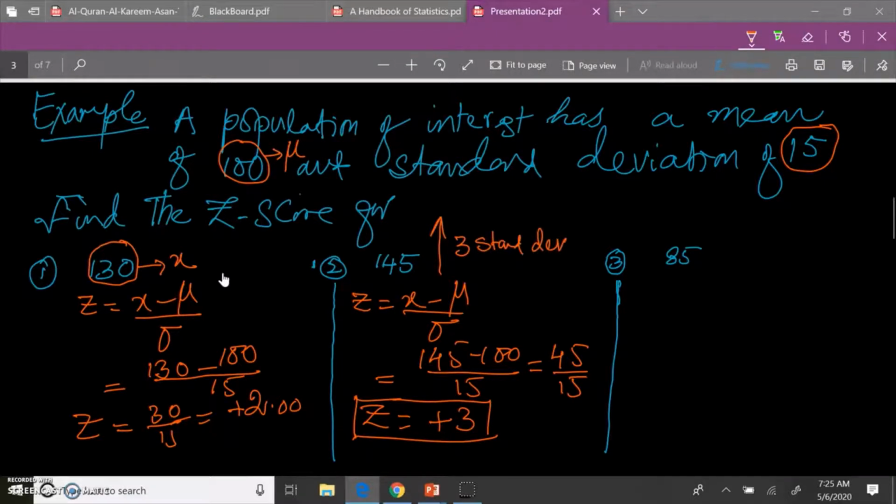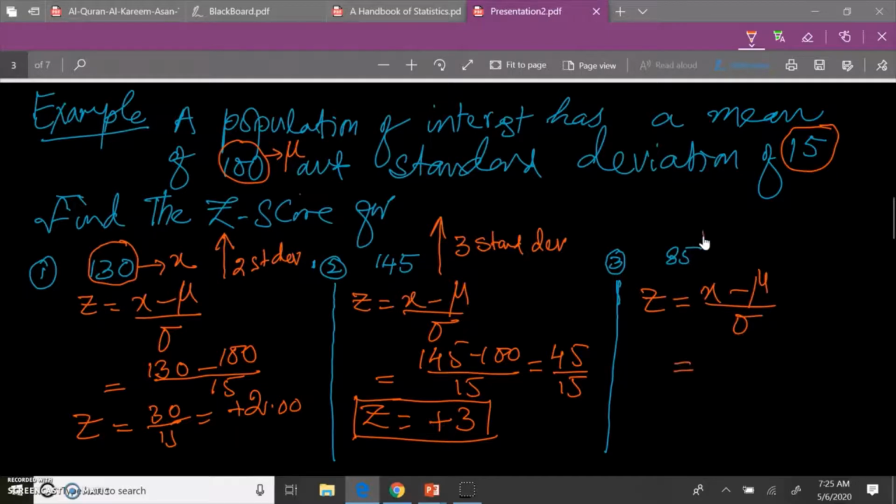The previous observation was above the mean, but how many standard deviations above? It was 2 standard deviations above the mean. Let's do the computation for the third one and see what happens. We have again z equal to the same formula, x minus mu over sigma.